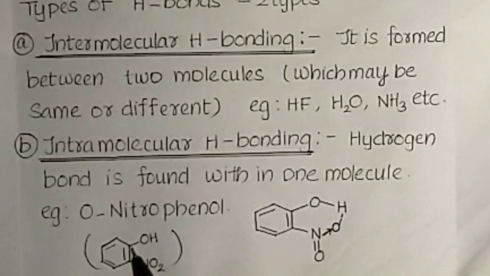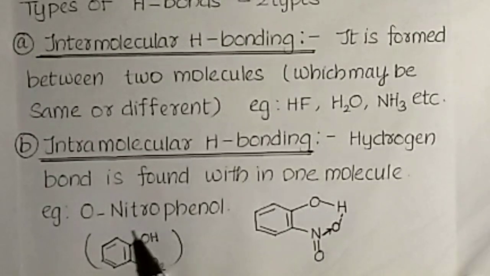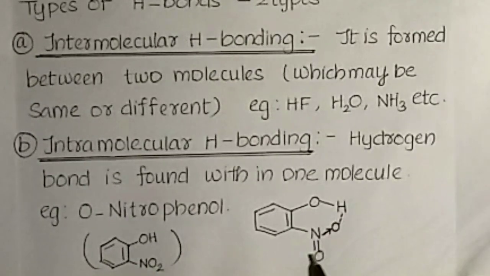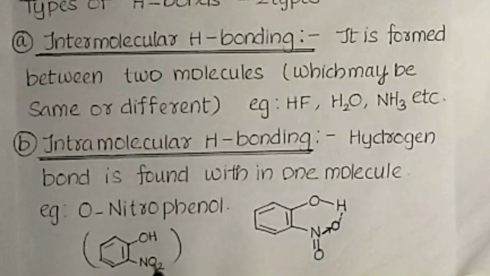This is orthonitrophenol. A benzene ring with OH is known as phenol. Then the next adjacent position is known as the ortho position. In this position a nitro group is present, so it is known as orthonitrophenol. Orthonitrophenol can be written like this: a benzene ring with OH, and the nitro group written as N double bond O, single bond O, NO2.